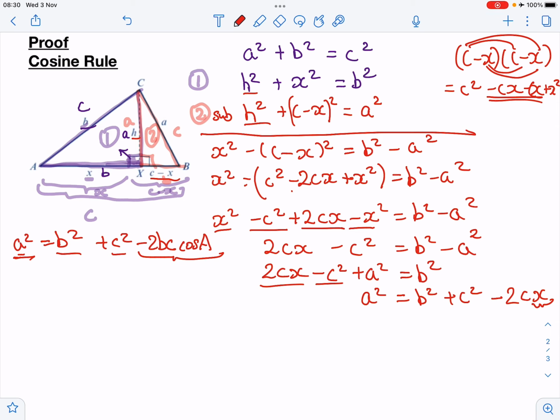If you remember our trig ratios, SOHCAHTOA, cos theta equals adjacent over hypotenuse.